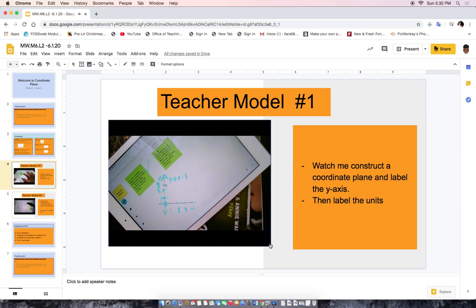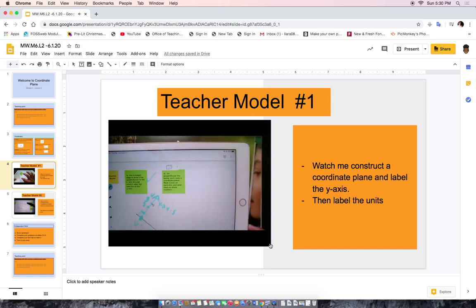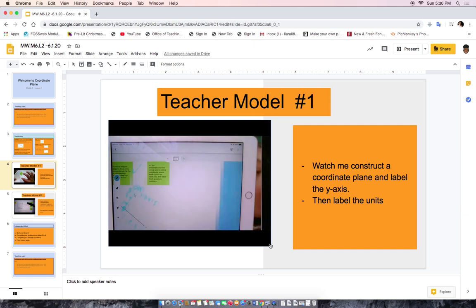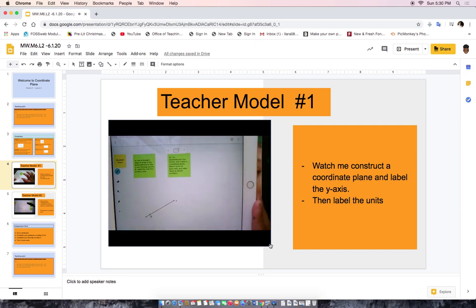Okay? Do you see that, boys and girls? I made a line, right, that was perpendicular to my x-axis. I labeled that new line y. I marked 4 units, 1, 2, 3, 4, 1, 2, 3, 4, and then I labeled them as whole numbers, okay? You're going to have a chance to do this same work on the next slide, okay?